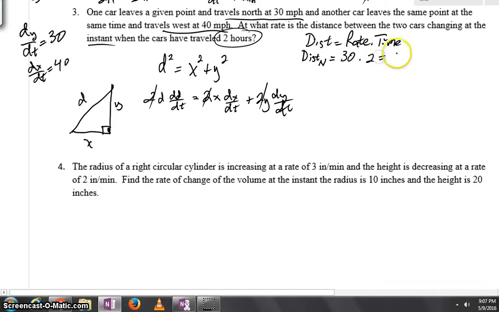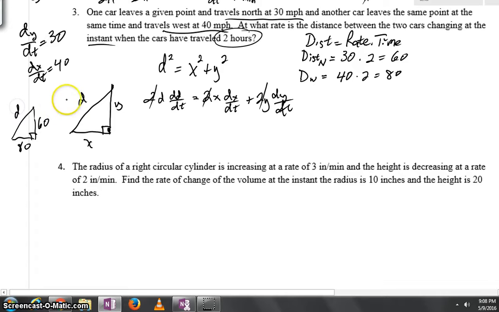For 2 hours, that's going to be 60. We can even draw a little separate picture here and say, for a brief instant, that's 60 miles. What about the distance going to the west? Well, we've got 40 times 2. That's 80. So we'd have 80 miles going to the west.